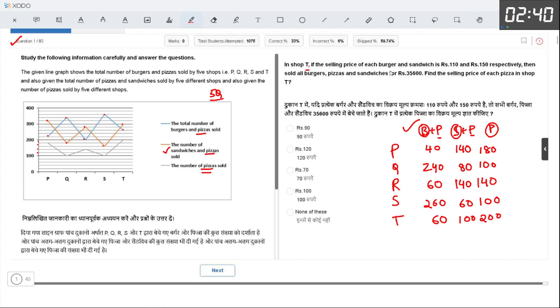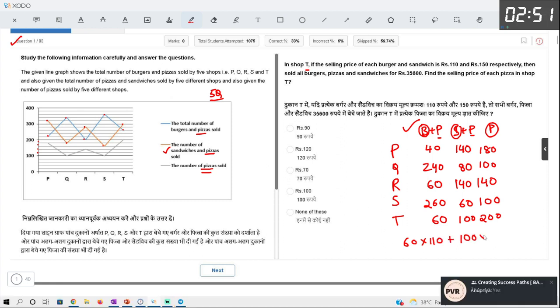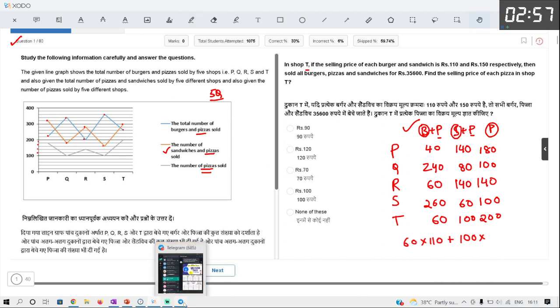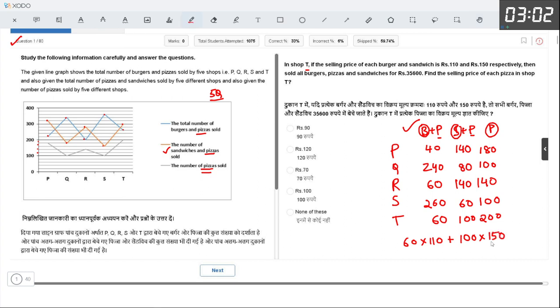Shop T, selling price of each burger and sandwich is 110 and 150. So each burger is 110 and each sandwich is 150 rupees, right? Then they sold all burgers, pizzas, sandwiches for a total that will become 35,100, right?